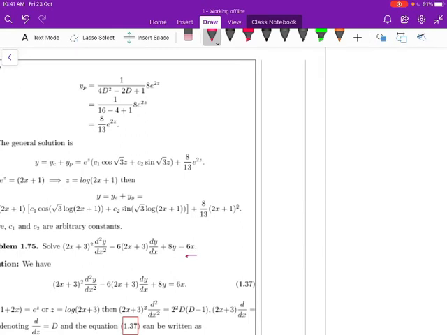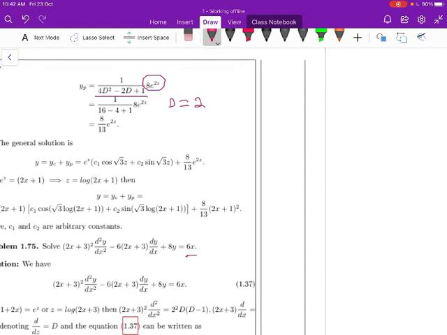Now let us move to the particular integral. 1 by f of D, where f of D is 4D square minus 2D plus 1, into 8 times e power 2z. So this is R of z. This being an exponential function, just operate by putting D equal to 2, where 2 is the coefficient of z.